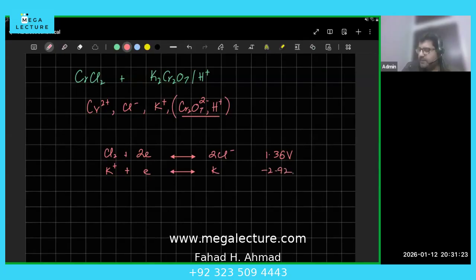That is a very negative potential. That means it really wants to lose electrons, not gain electrons. Now for Cr2O7 2-, I'll write it myself: Cr2O7 2- plus 14H+ plus 6 electrons, and we'll check later whether it's right. It forms 2Cr3+ plus 7H2O, and the value is 1.33 volts.